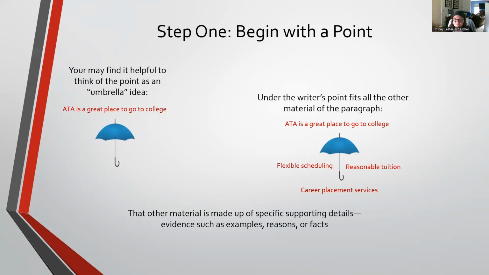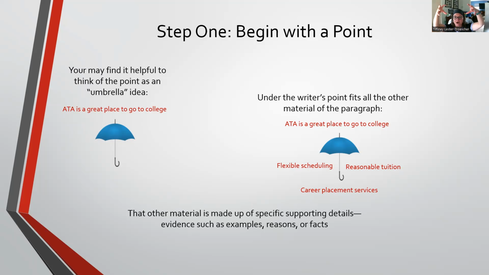Okay. You might find it helpful to think of the focus, the subject of that topic sentence, as an umbrella. So we've got an example here. Let's say our topic sentence said, ATA is a great place to go to college. That is our umbrella, that idea.